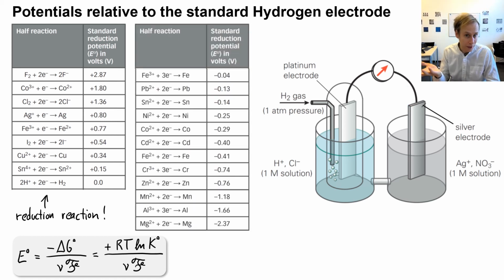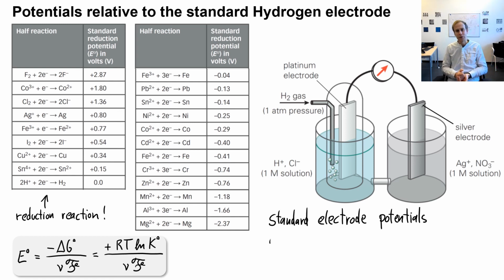But there are other elements which, with respect to the standard hydrogen electrode, have negative standard reduction potentials. And therefore, the electrons will flow from them to the standard hydrogen electrode. So you see here, for instance, aluminium 3+ or iron 2+, they are less attractive to electrons than the protons are. Those measurements are taking place at 1 mole per liter, right?